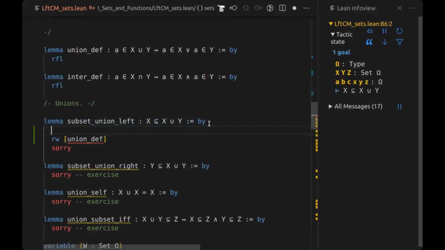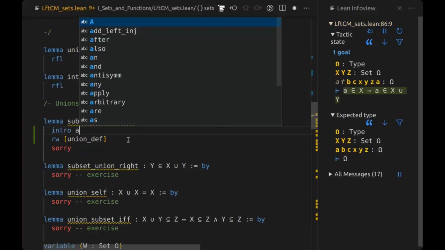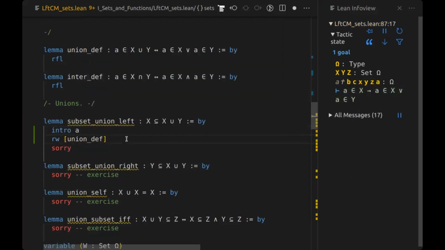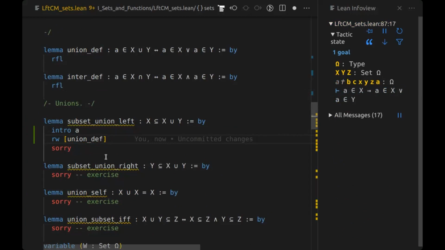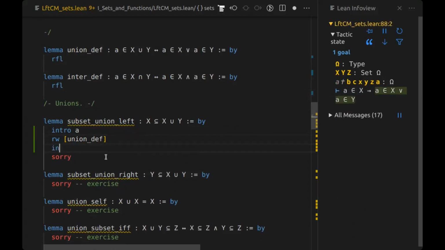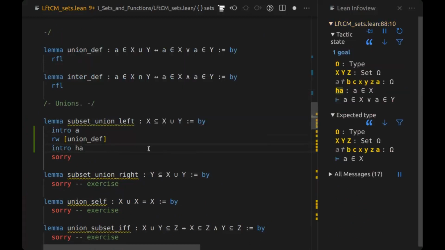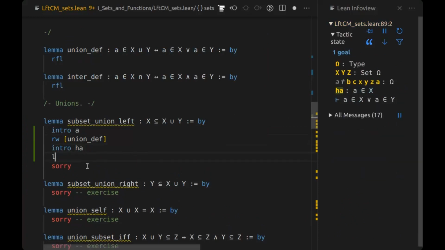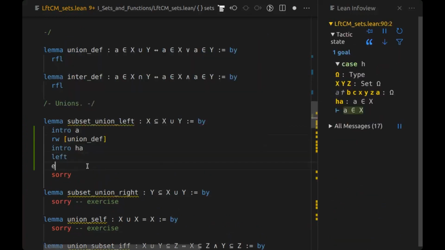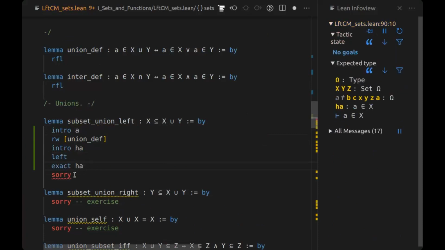I need to do intro A first, of course. Okay, now I have to prove that if A is in X, then A is in X or A is in Y. So I'm going to do intro HA. And then what I have here is exactly the left-hand side of the OR. So I do left, and then exact HA.